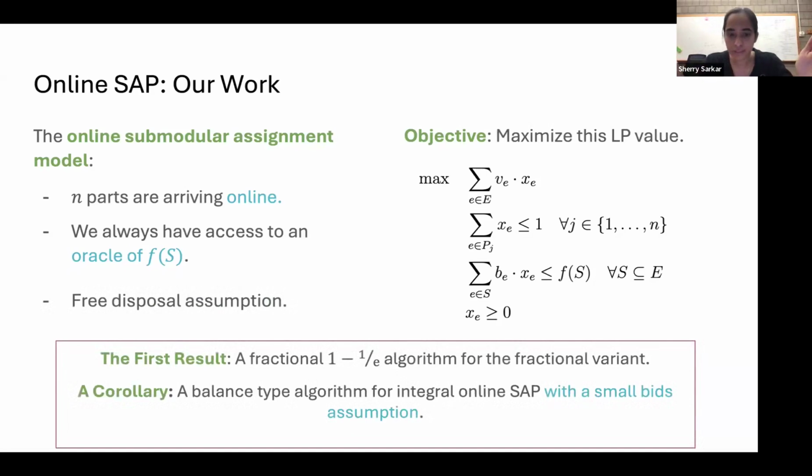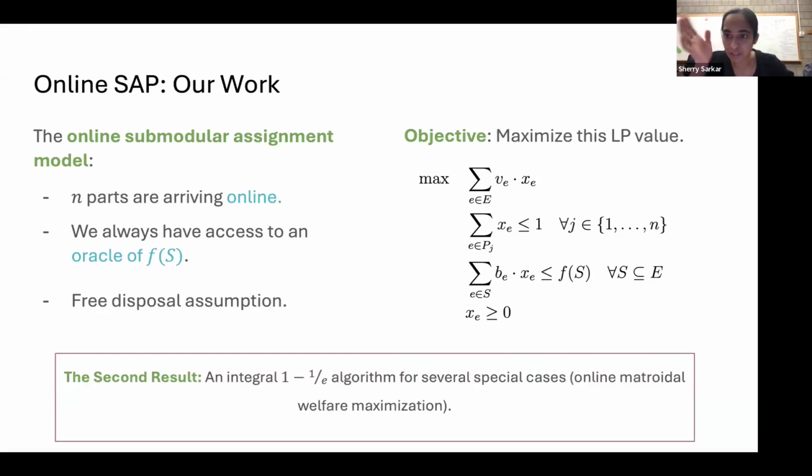Our result here basically is a fractional 1 minus 1 over e algorithm for the variant where you're allowed to put fractional values on the x's. And a corollary of this is that for the original integral problem, just the submodular assignment problem I said earlier, you have a balance type algorithm for this with an extra small bits assumption, which I can get into. Our second result is an integral 1 minus 1 over e algorithm for some special cases.